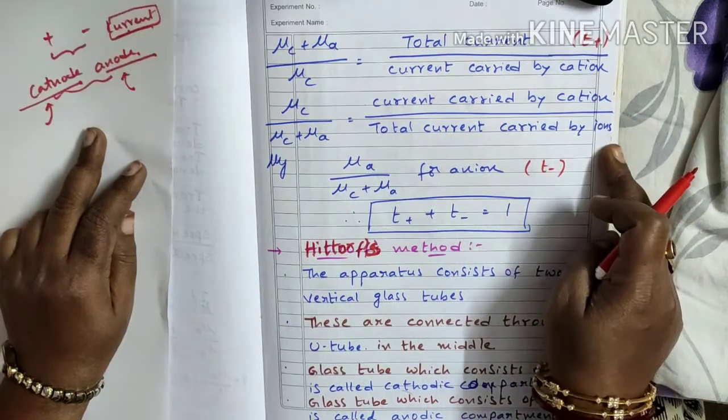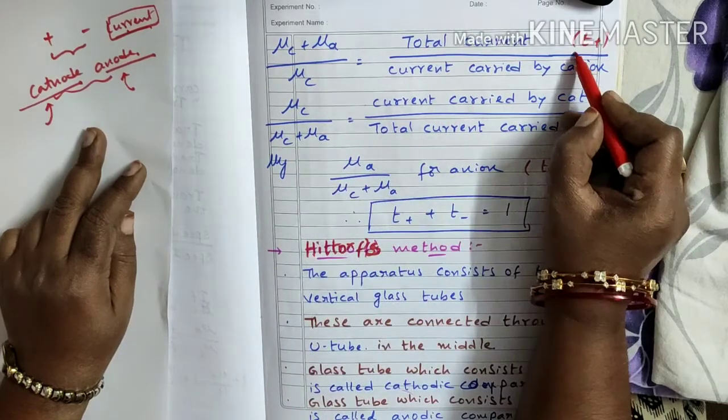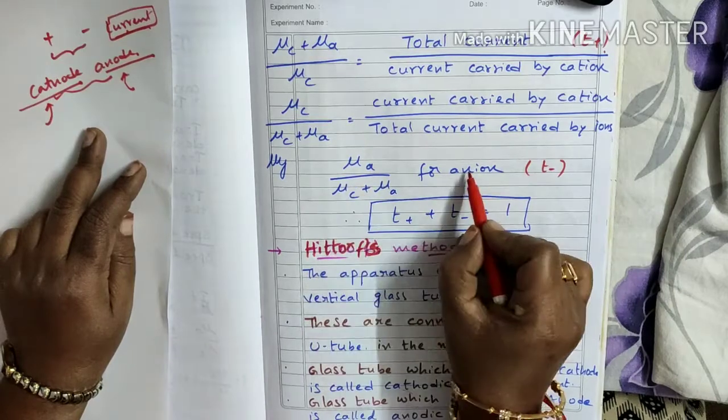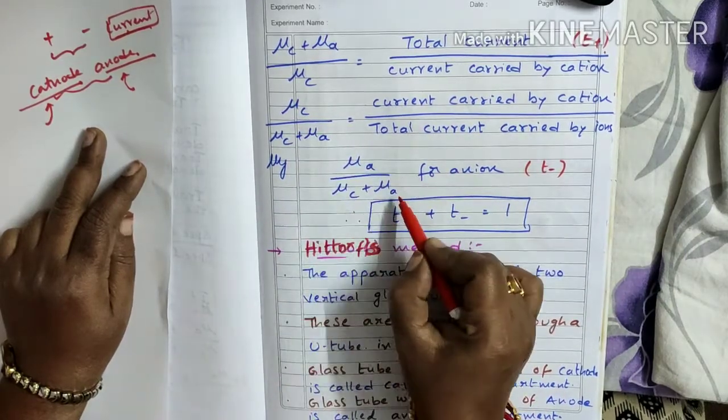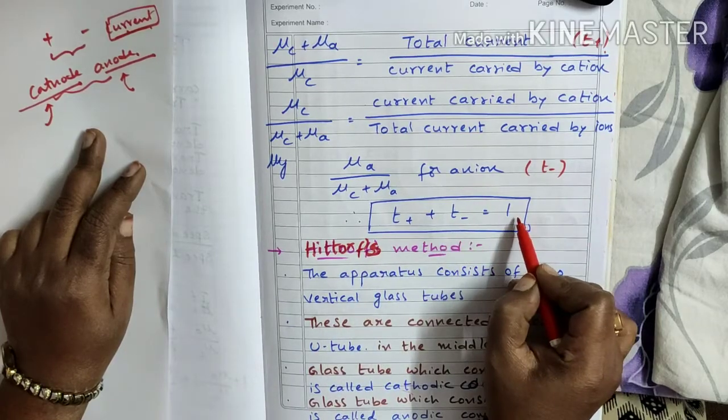This is for the cation and is indicated by T plus, or Tc. For the anion, nu A by nu C plus nu A is called T minus.